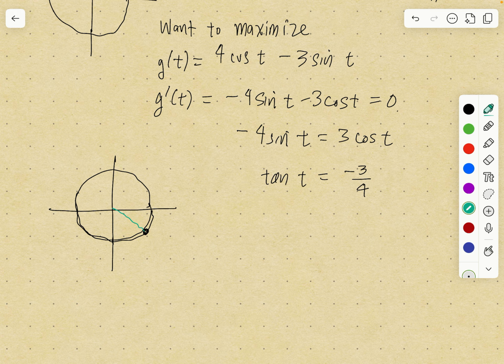If you go 4/5 units here, and then negative 3/5 units here, that's your theta, or your t.